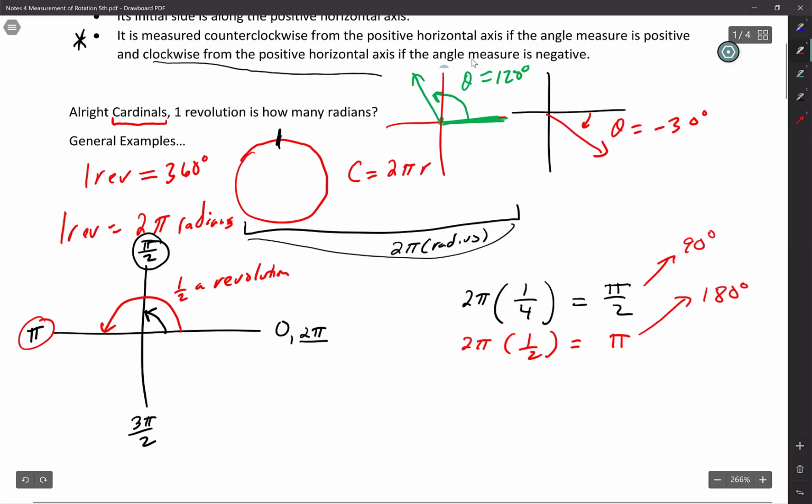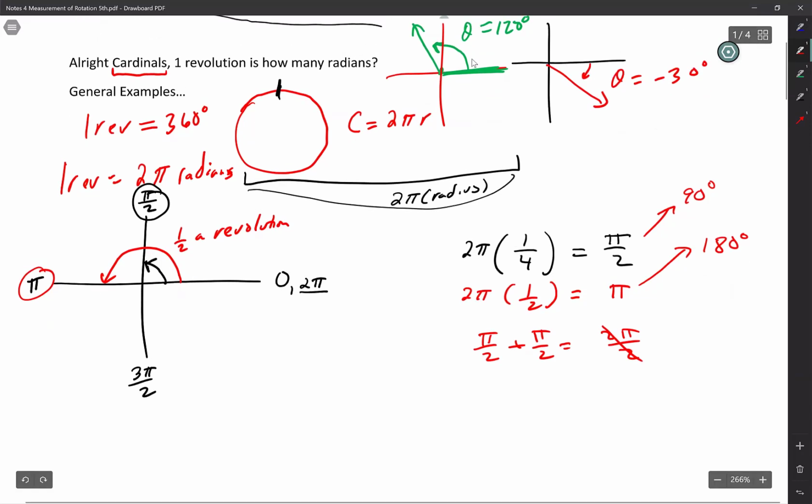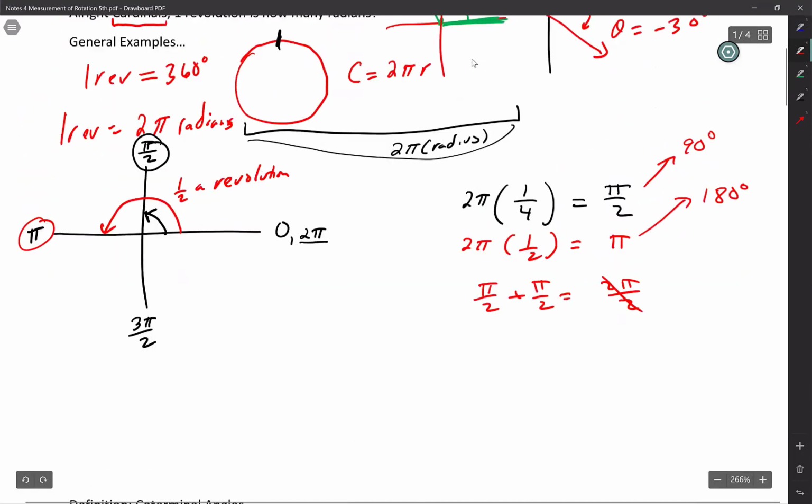What I'm trying to say is, you could have always said, what's pi over 2 plus pi over 2? Well, that's 2 pi over 2. And look, the 2's cancel out, and it's just pi. You take half a pi and add another half a pi, and you get a whole pi. Cool or not cool? Cool. All right.